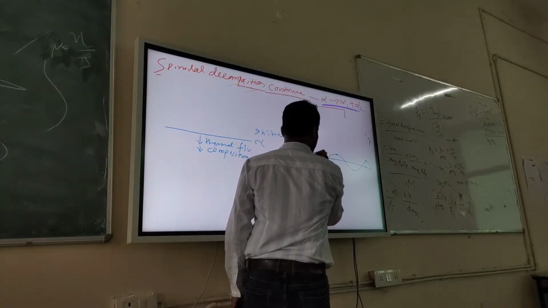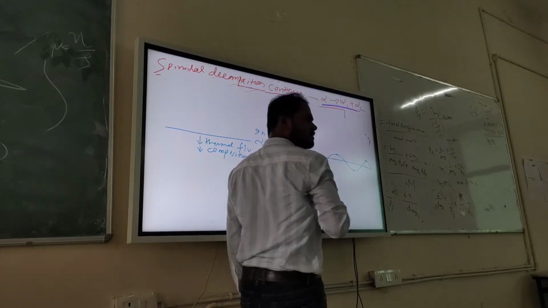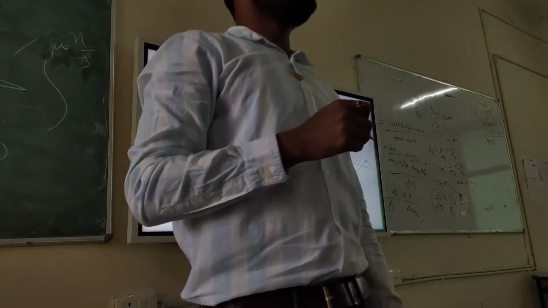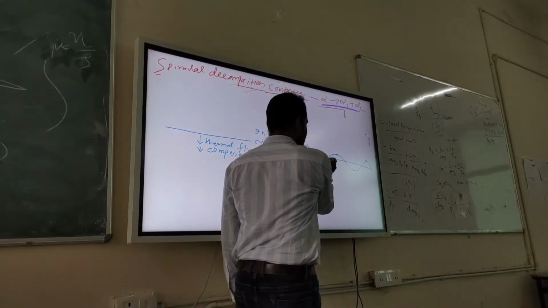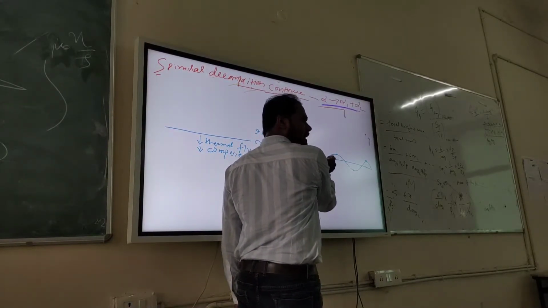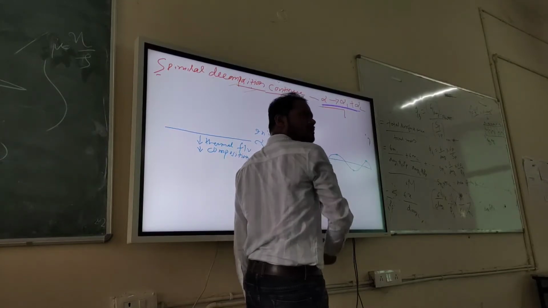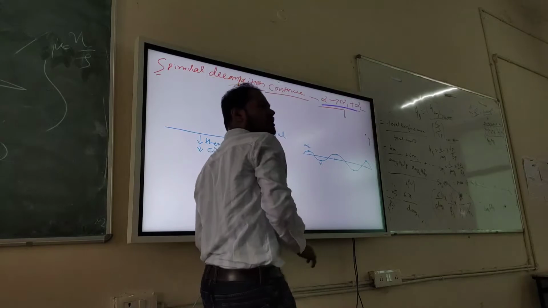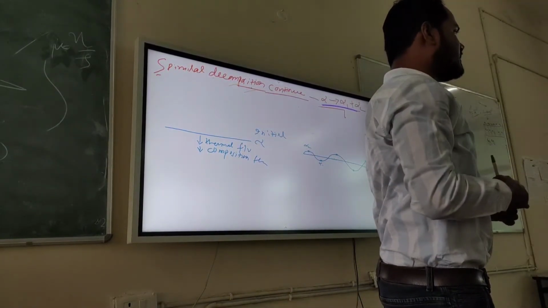Suppose this area is alpha 2, this area is alpha 1. That means this area has more B atoms, this area has fewer B atoms, which means more A atoms will be present. Similarly, this will be alpha 2, this will be alpha 1. Now, if you remember, I have shown you the unstable alpha phase.